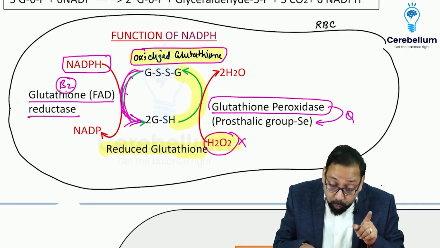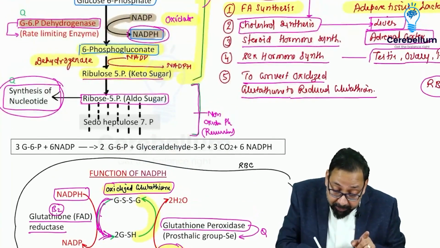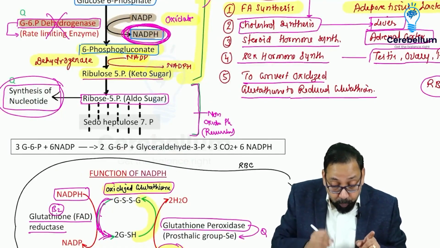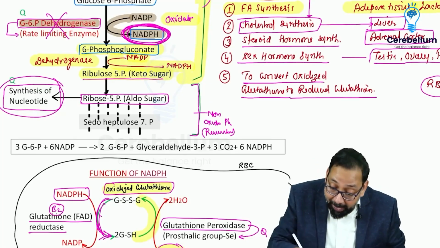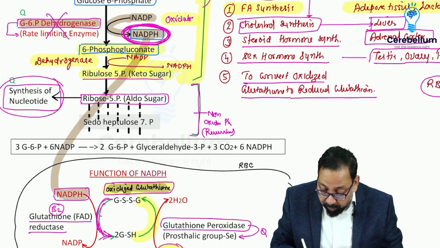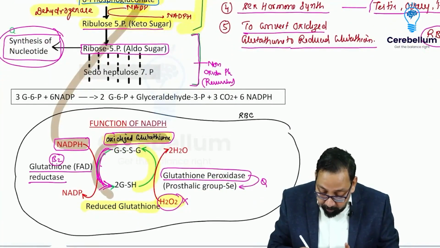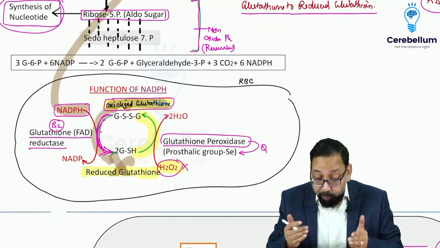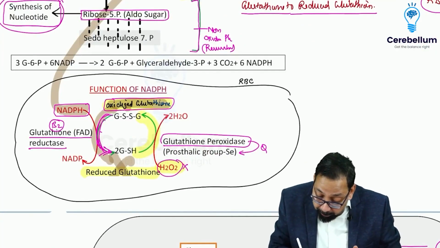If glucose 6-phosphate dehydrogenase is deficient, NADPH will not be produced, HMP shunt would not occur. When NADPH is not produced, then oxidized glutathione will not be converted back to reduced glutathione. When reduced glutathione is not reproduced, H2O2 will not be destroyed.